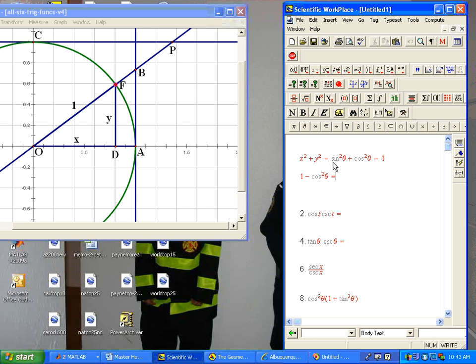If you take sine squared plus cosine squared equals 1 and subtract cosine squared from both sides, the other side just becomes sine squared. So that's another form of that same identity. It's easy to manipulate, but the key is to recognize it really quickly and not get stuck.